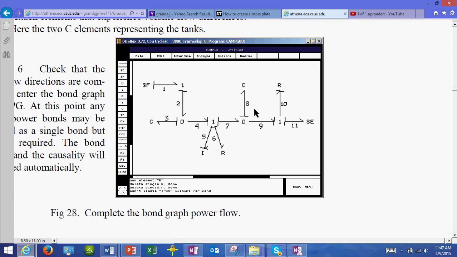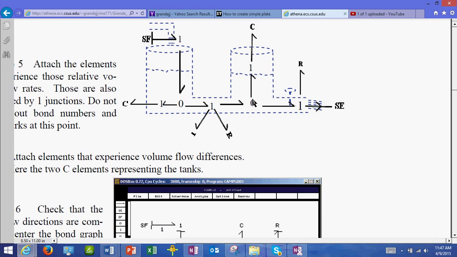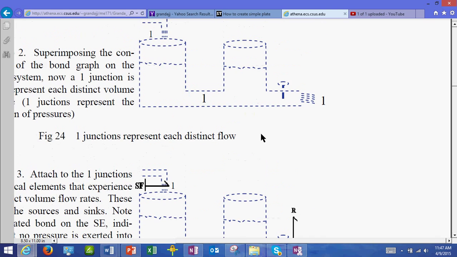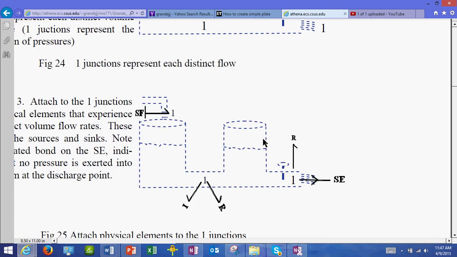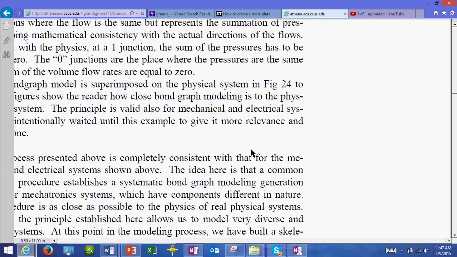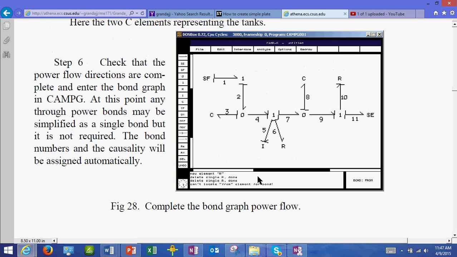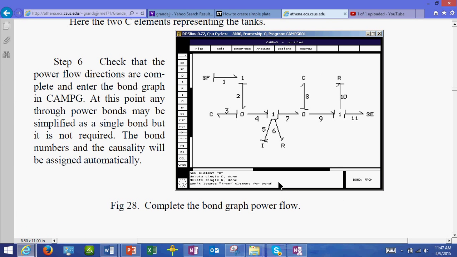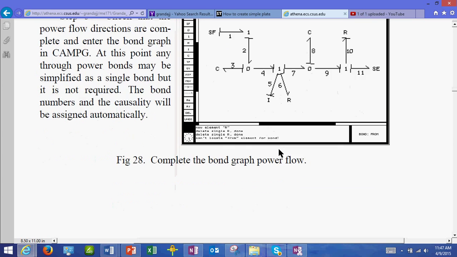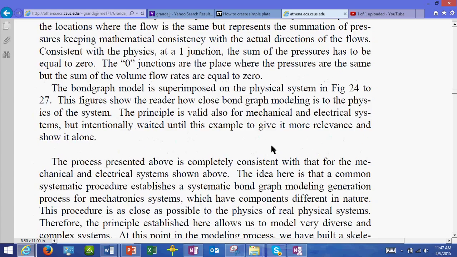And that's what you see here. Here you see it a little bit simplified. We simplified this through the power element that we have. Sorry, right here. Right there. So that's how we complete the model for the hydraulic systems.